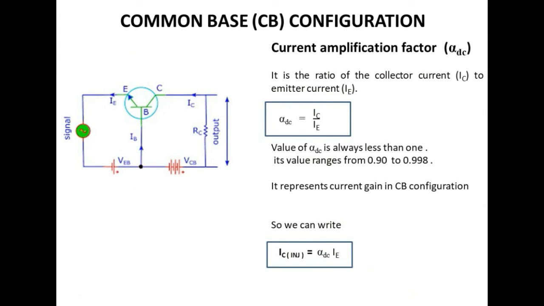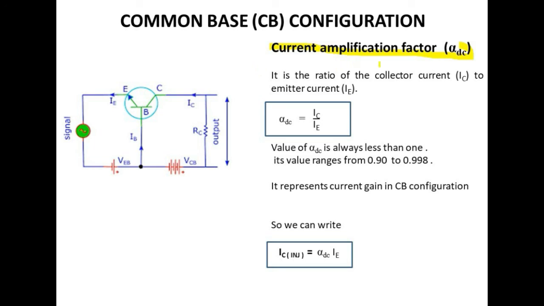Now a very important factor is known as the current amplification factor in the case of common base configuration. So let us study the current amplification factor alpha DC. We have already seen that 100 electrons or 100 holes were coming to the base from the emitter, and only 98 electrons or holes were able to reach the collector. Emitter current is made up of these 100 electrons or holes, but collector current was made up of 98 electrons or holes.